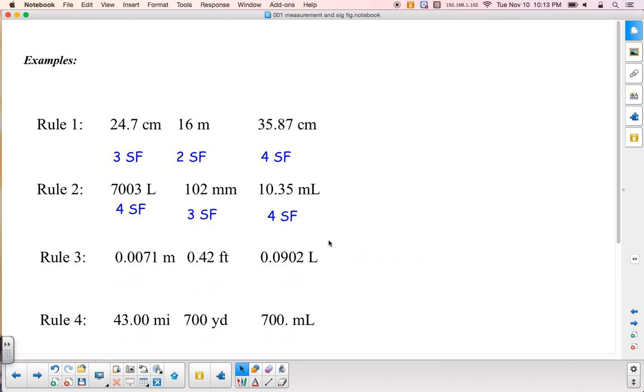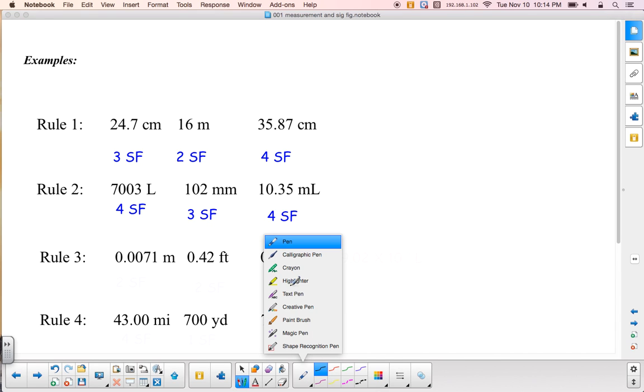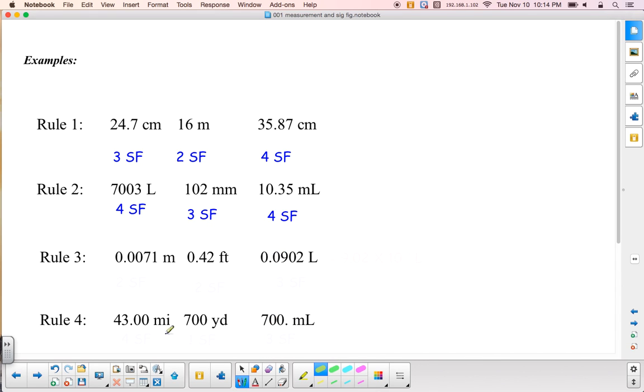Rule number 3 is that leading zeros are not significant. Essentially what this means is that when we are counting significant figures, we're not going to start counting significant figures until, as we move from the left, we have encountered our first non-zero digit. So as we move from the left, we have a 0, a 0, a 0.